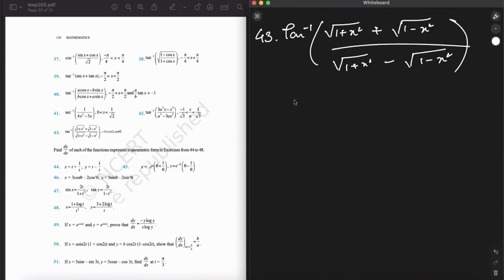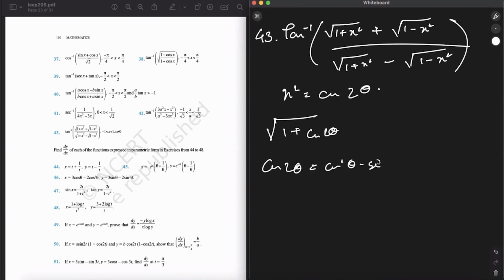So what can I do? Think. I'll try to put x square is equal to cos 2 theta. Can you tell me why? If I do that, see, under root 1 plus cos 2 theta has been given to me, right? So 1 plus cos 2 theta can be written as 2 cos square theta, since cos 2 theta is 2 cos square theta minus 1.